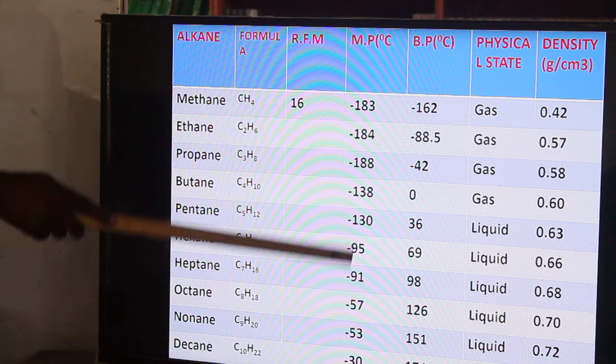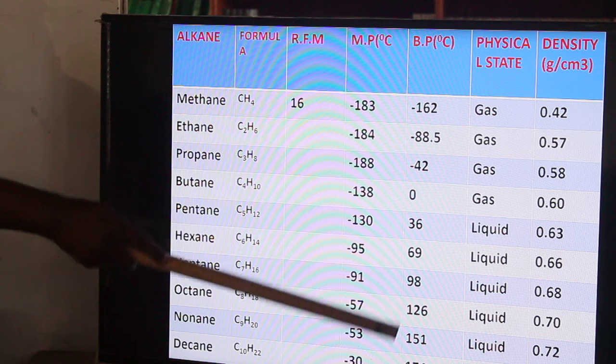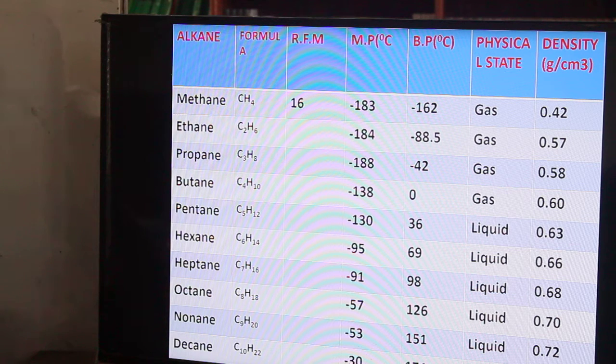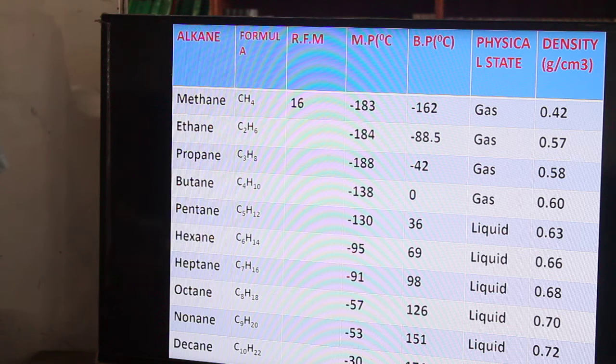And then we have the melting points as a physical property, boiling points as another physical property, physical states also a physical property, and then density. We will also talk about their solubilities. Now, this table is going to form the foundation of our studies today.